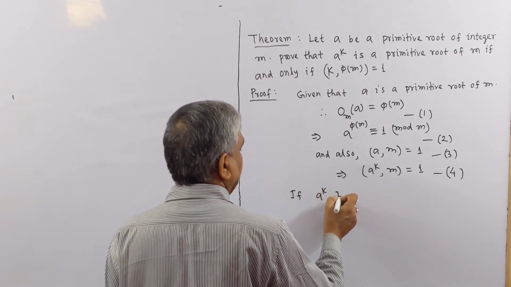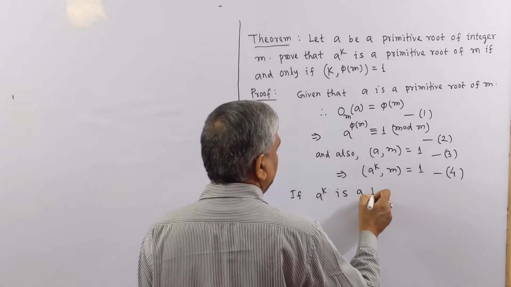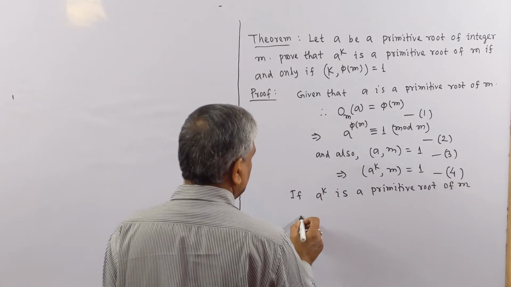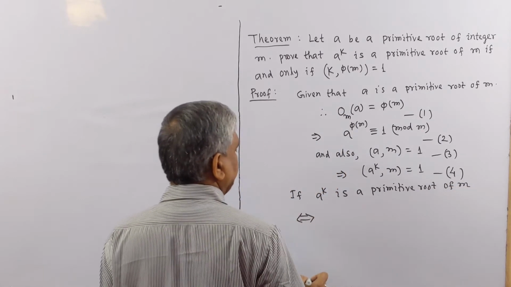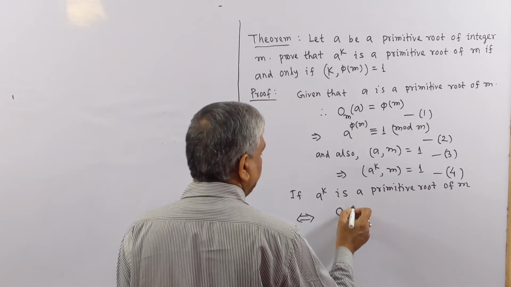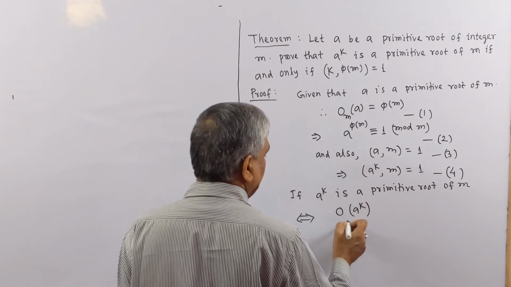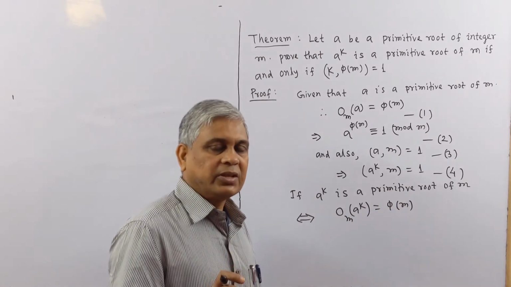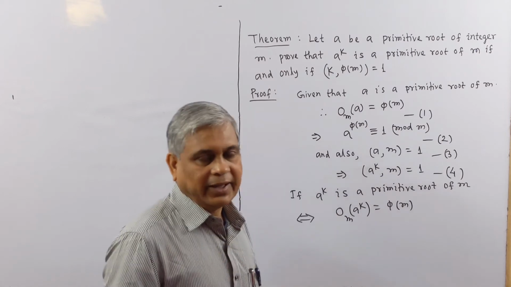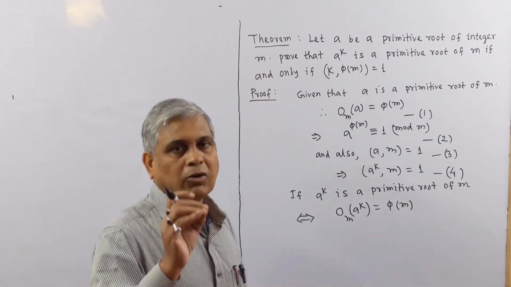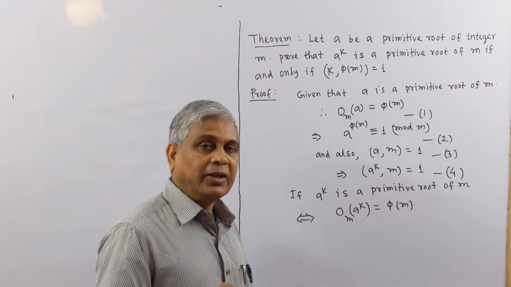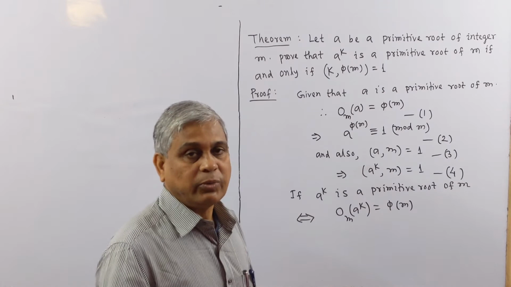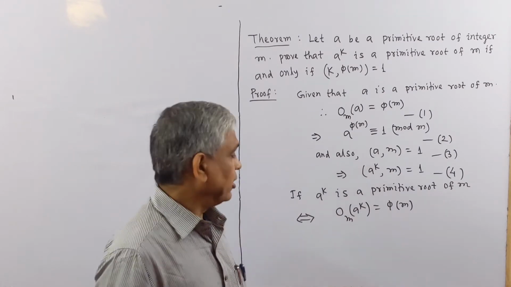If a to the power k is a primitive root of m, double implication, order of a to the power k modulo m equals phi m, since when an integer is a primitive root of m, then its order modulo m must be equal to Euler's phi function of m.